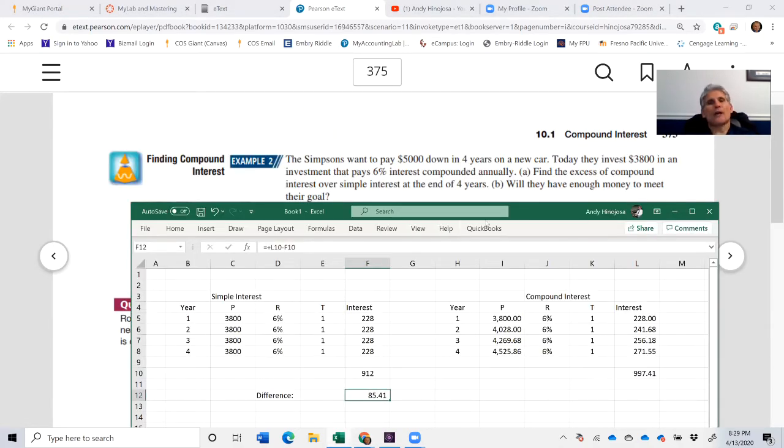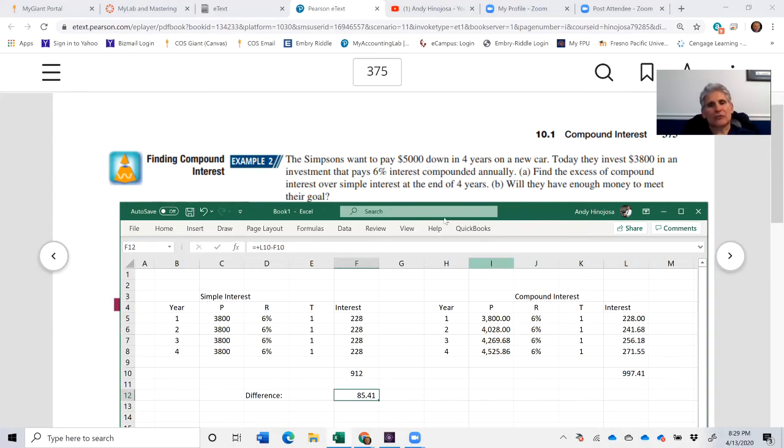Now going back to the question, will the Simpsons have enough money to pay for that down payment? They want $5,000. After year 4, the ending balance, actually we got one more to add. We're going to take the principal, we're going to add the 271, and after that interest is earned in year 4, we're going to have $4,797.41.